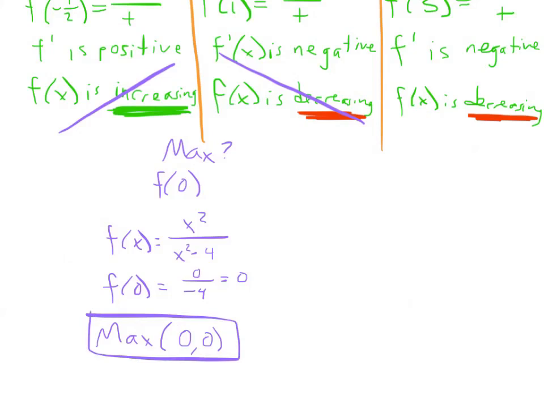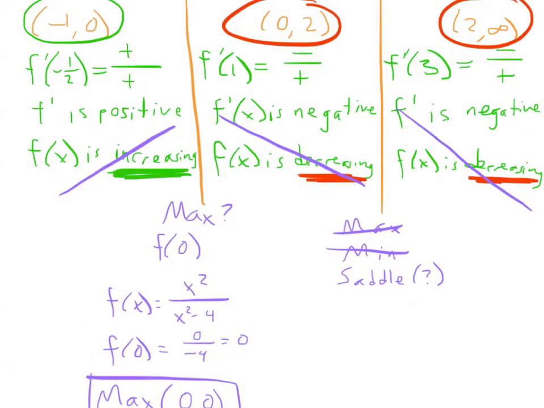Okay? Over here, my function changes from decreasing to decreasing again, which means I don't have a max, and I also don't have a min. What I might have is a saddle point. I might. Notice it's called a saddle point. It's only going to be a saddle point if there's actually a point there. Right, so how do I find out if there's a point there? Well, the critical number I was looking at here was 2.